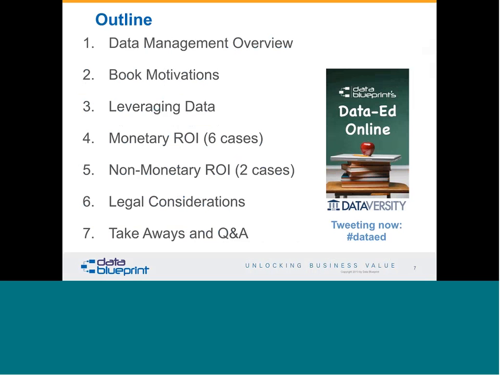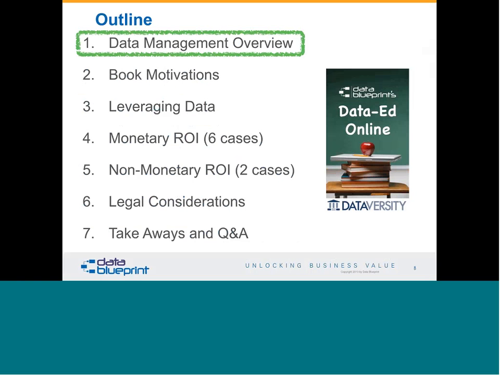I say monetizing because that's what the vast majority of people are interested in. But if you're in a situation, and I'll show you 2 of them, where money isn't the most important thing, then we'll look at how that can also be affected by data management. Finally, we'll finish up with a little legal case, some of the things I've been involved in, and an accumulation of all these things.